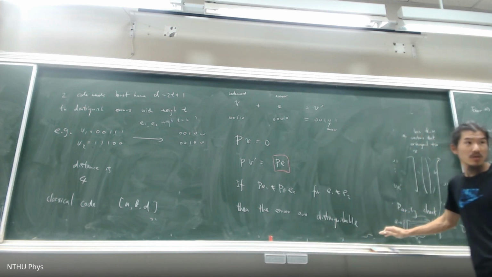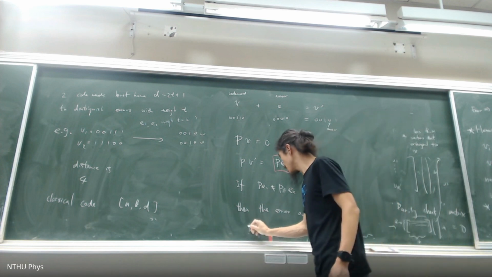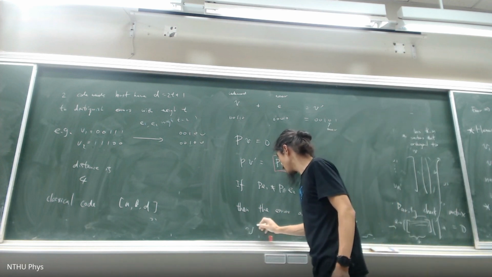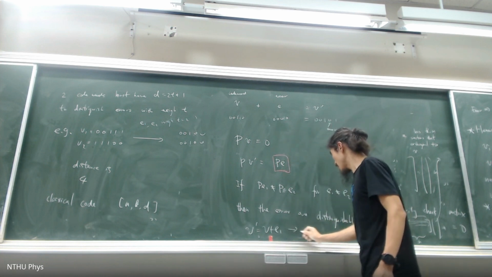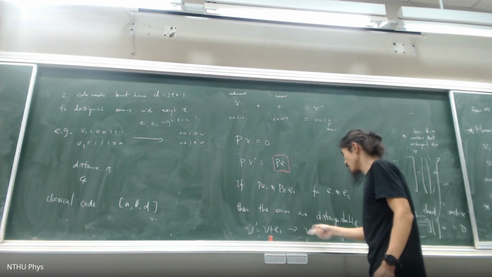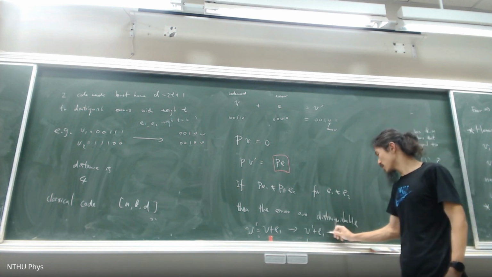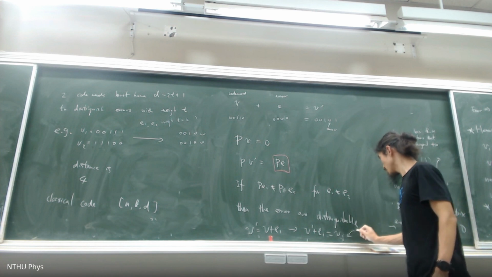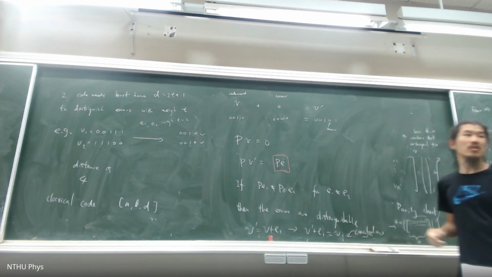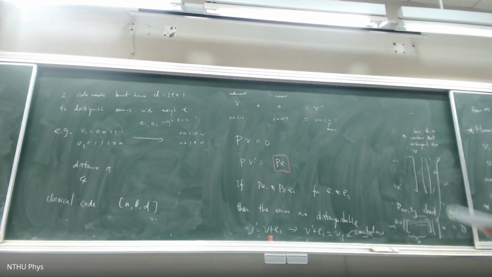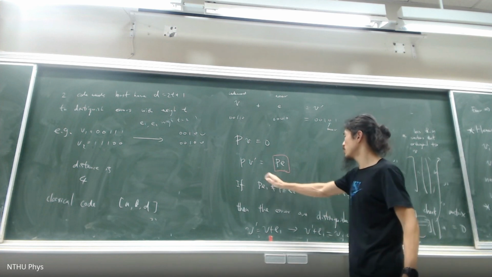If the error is distinguishable, I can correct the error, because the corrupt code word is this one. If I know the error is E1, I can correct it by adding E1 back. So this is the logic of this classical linear code. This is some kind of error syndrome.